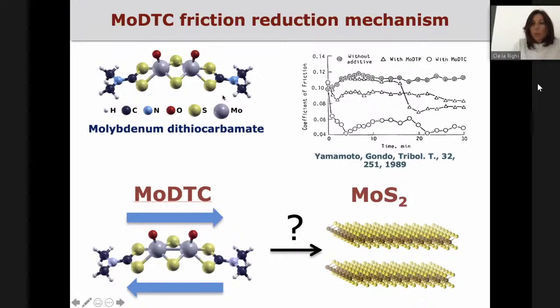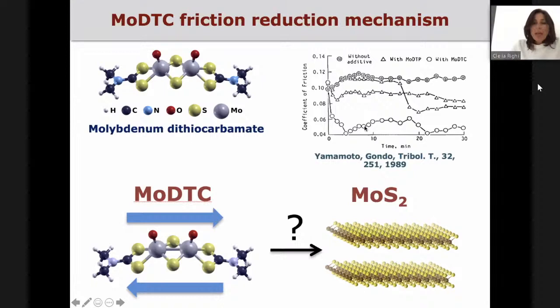We are studying another important friction modifier additive that is molybdenum dialkyldithiocarbamate. That is a class of compounds that are widely used in tribological applications due to their ability to reduce the friction coefficient very efficiently, up to an order of magnitude, as represented in this picture.